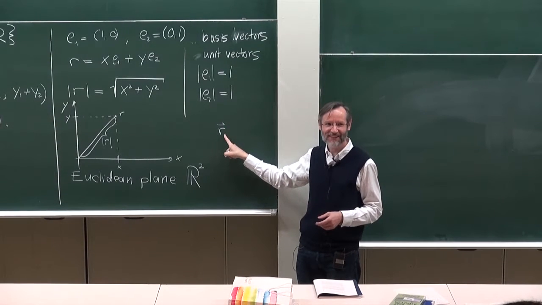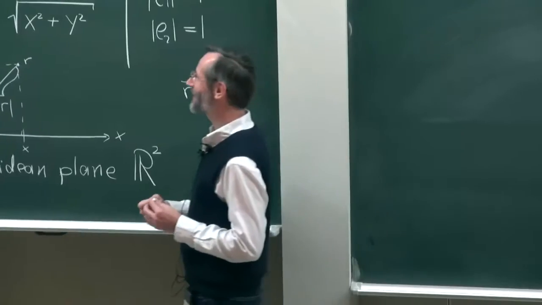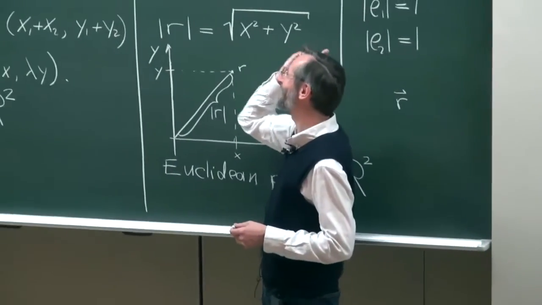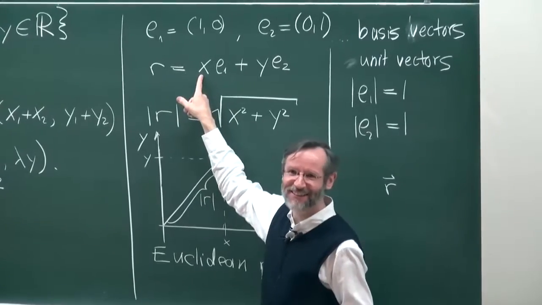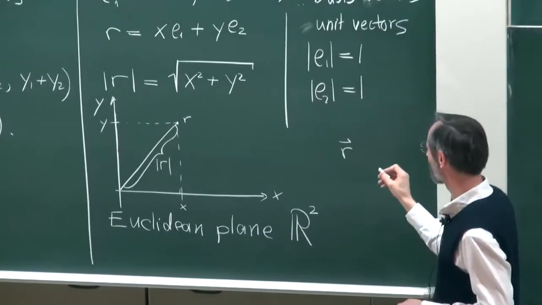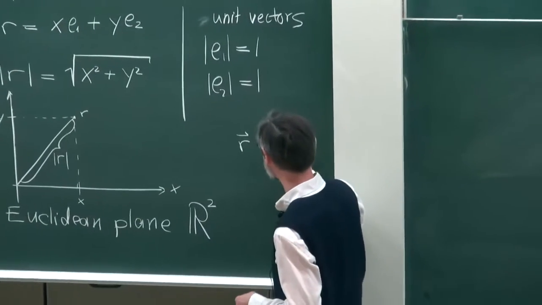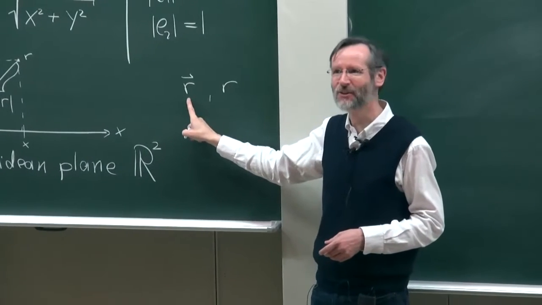I don't like that. You don't like it? But maybe some people have a difficulty to distinguish a vector from a scalar. So I could write R with a vector arrow.